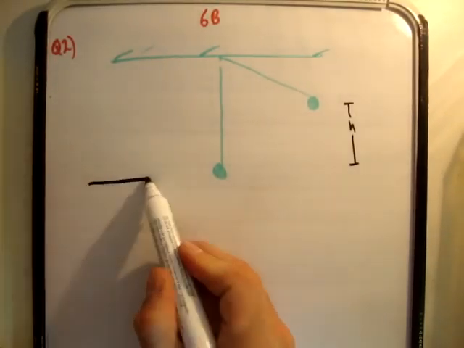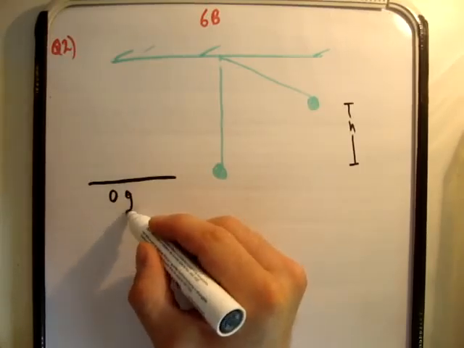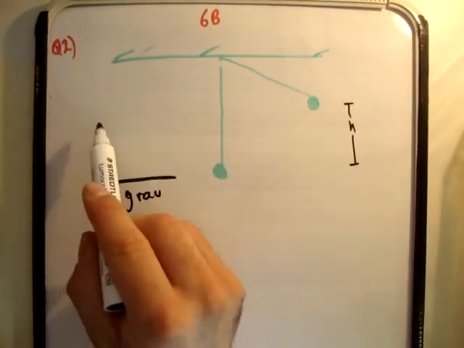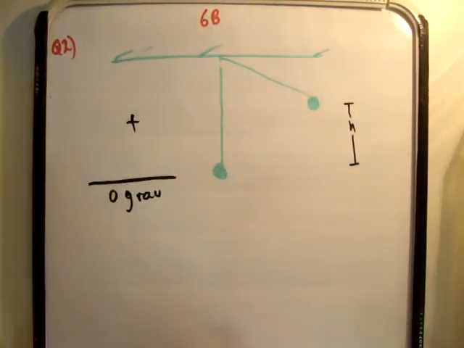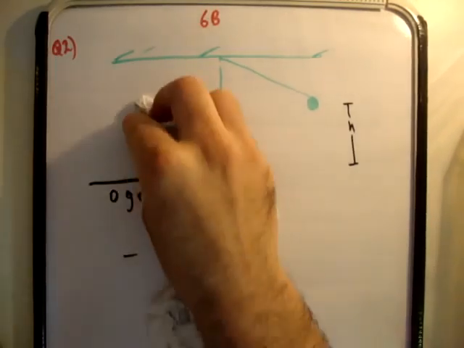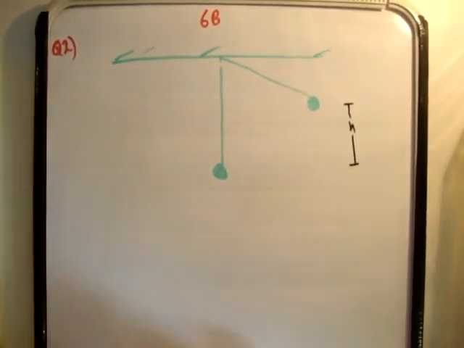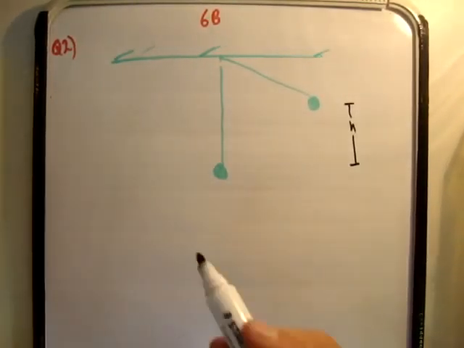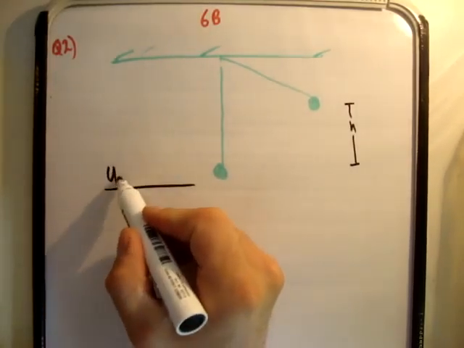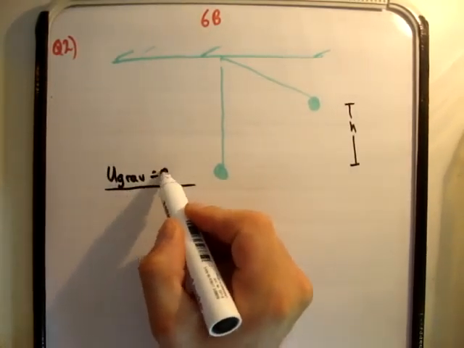So say if I say this point here is 0 grav. That means this is plus up. If you go upwards you're getting positive, and if you're going downwards you're getting negative gravitational potential energy. So in this case I'm going to define the gravitational potential energy to be 0 here. So this is going to be U grav is equal to 0.